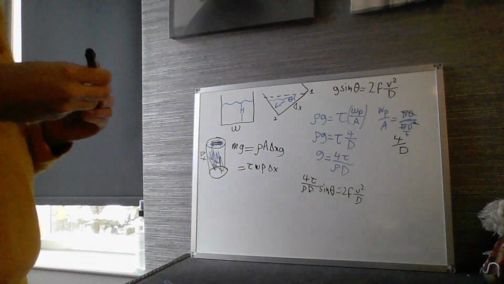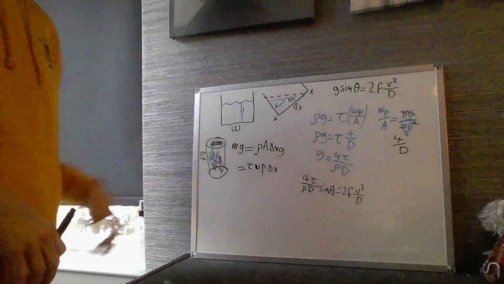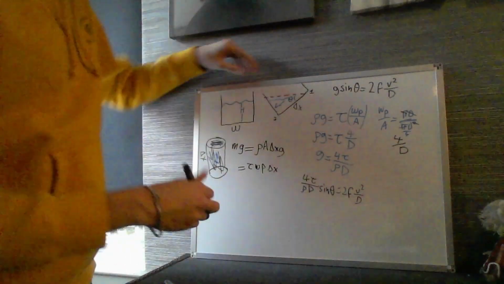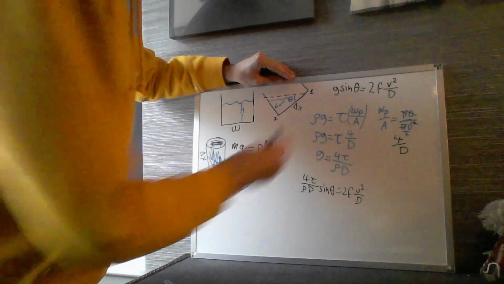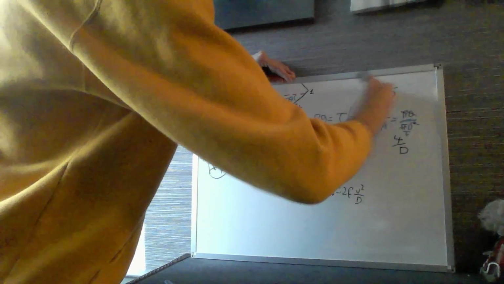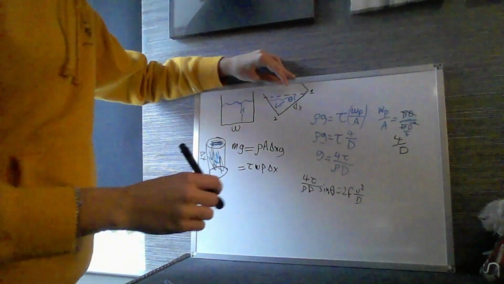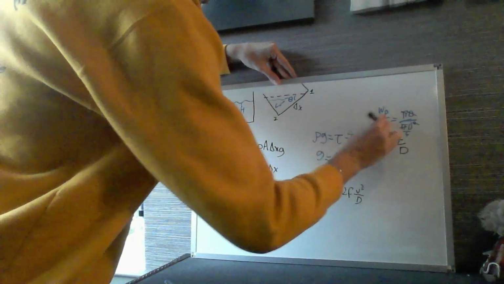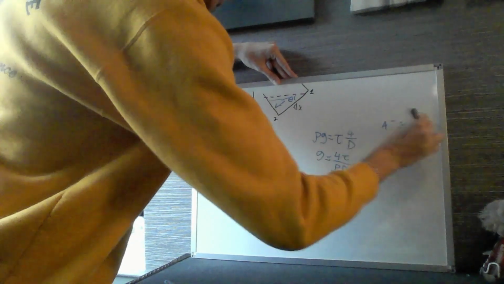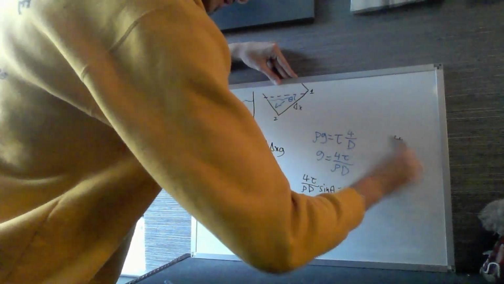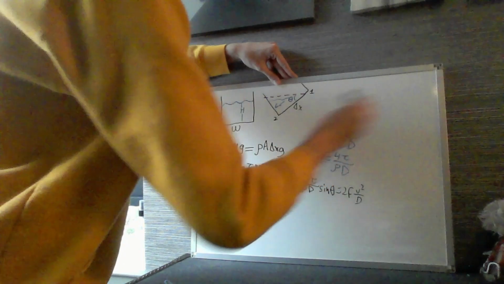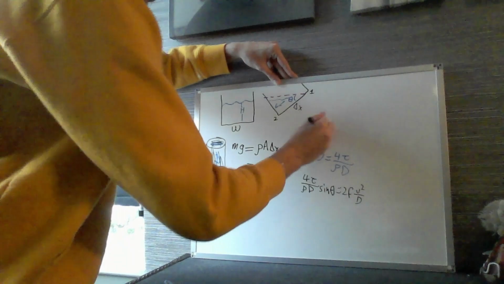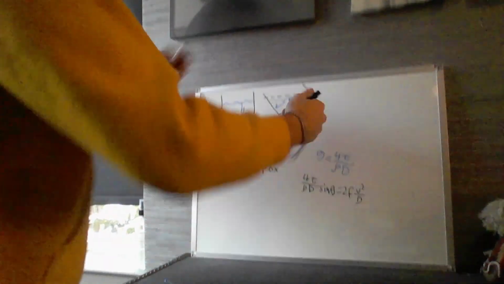Now what I'm going to do is free up some space so that we can keep working on this equation. We need these bottom two. So I'm going to write these equations back up top here.